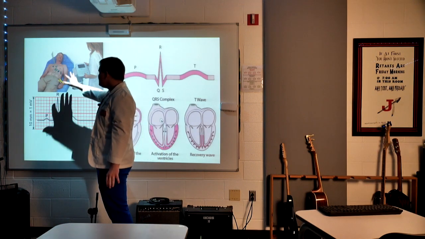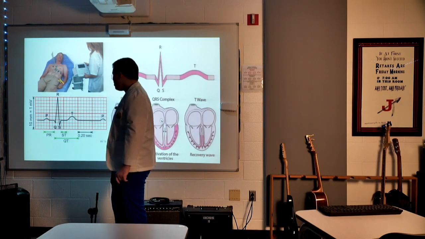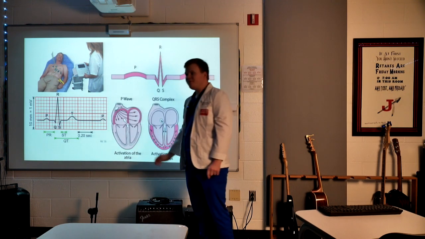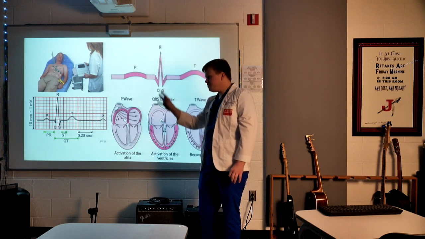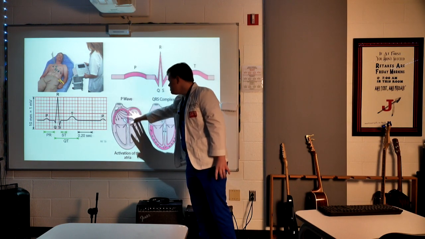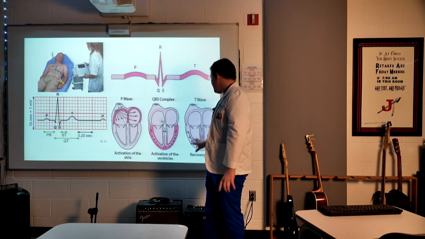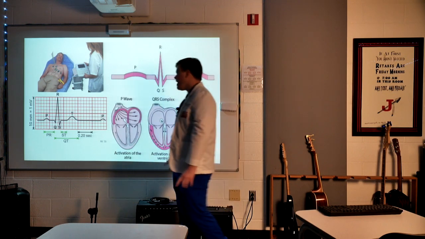So based on where those leads are placed, we're actually able to measure different parts of the heart's electrical conduction. Remember how I said that the conduction starts at the SA node and then eventually travels down after it goes through the atria to the ventricles? That's what it's showing here. So we start at atria, go down to the ventricles, and then ultimately those pieces also relax.